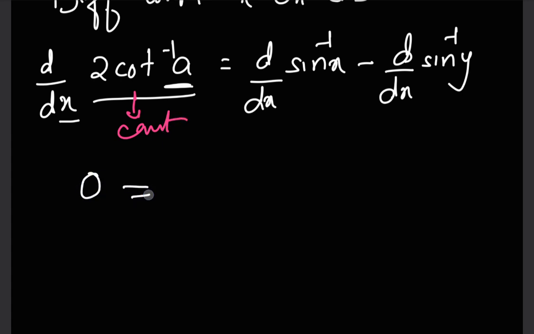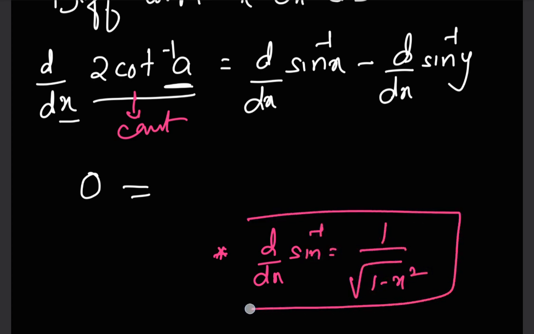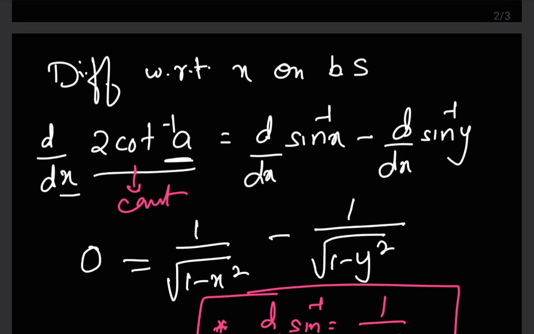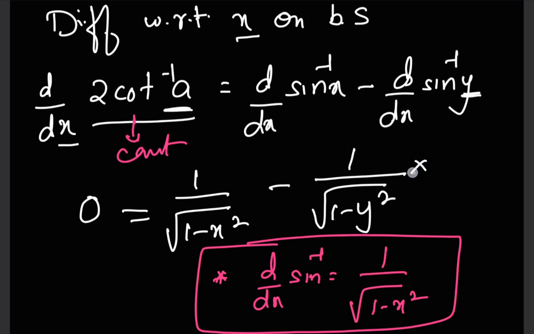So we got this part as 0. And here, as we have the formula d by dx of sine inverse x is equals to 1 by under root of 1 minus x square, we are going to use this formula. So this turns out to be 1 by under root of 1 minus x square minus, similarly this also, but in the variable y, 1 by under root of 1 minus y square. Now here, as we are supposed to do the differentiation with respect to x, but we are applying it to the variable y, into we need to write over here dy by dx.